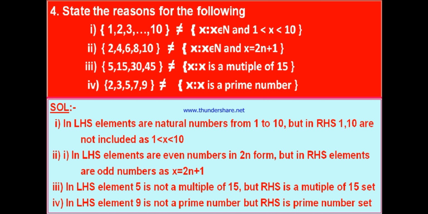You see, 2, 3, 5, 7 have only two factors, whereas 9 has more than two factors. 1 can divide 9, 3 can divide 9 and 9 can divide 9. There are three factors for 9. Therefore, it is not a prime number. In LHS, element 9 is not a prime number, but RHS is a prime number set. Therefore, that is the reason both the sets are not equal.